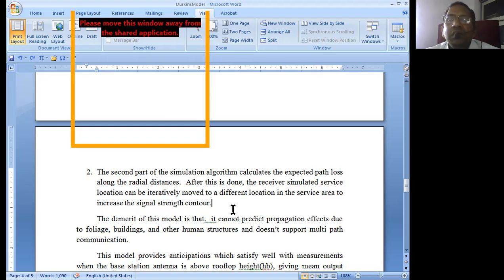That means the signal strength has to be more in so many coverage areas. So that means the coverage area has to be increased.